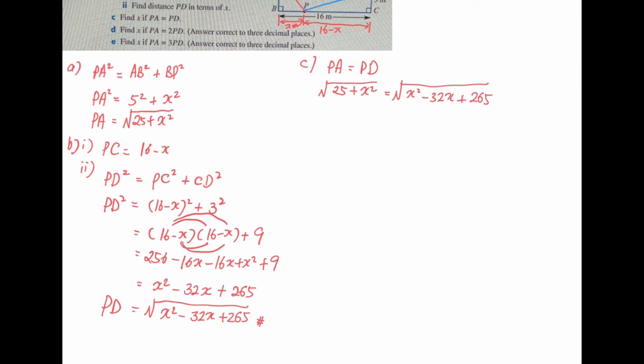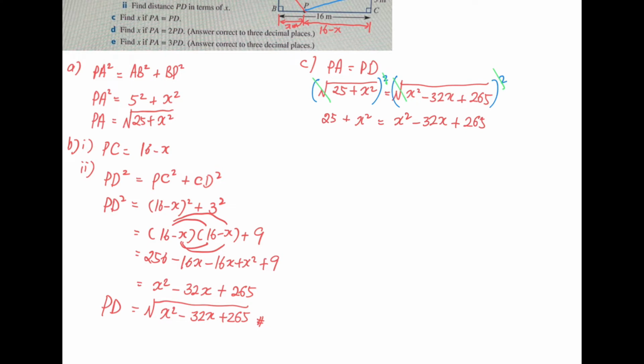So what we can do here, we square both sides in this way so that we can cancel off the square root. So the square root and the square cancel off, and now we have only 25 plus x squared and x squared minus 32x plus 265.